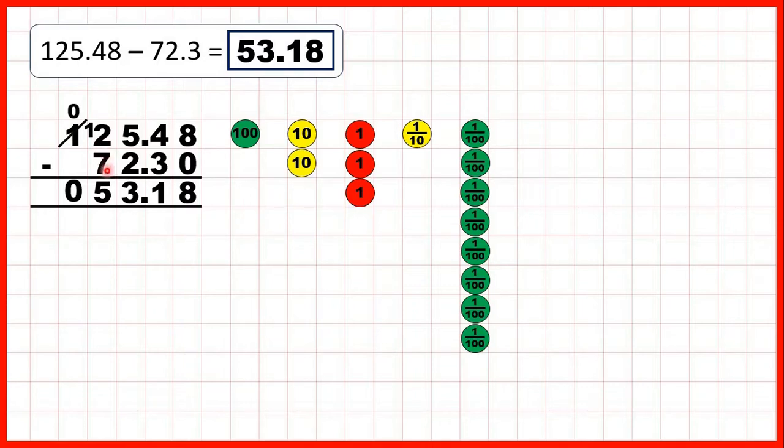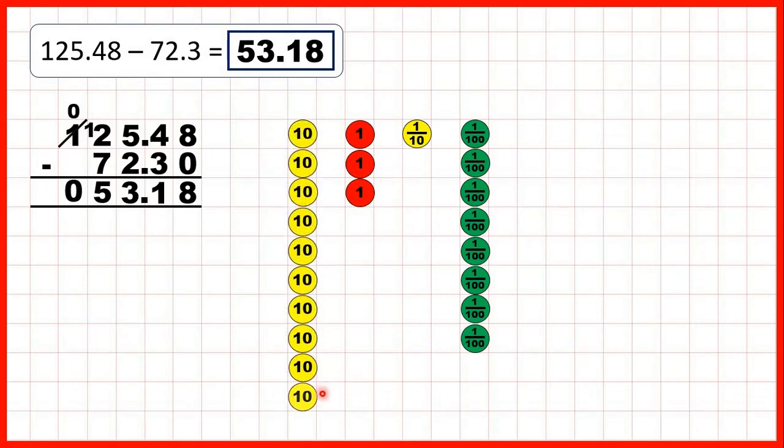Next, we had to subtract 7 tens, but to do that, we needed to exchange our 100 for 10 more tens. So we can subtract 1, 2, 3, 4, 5, 6, 7 tens, and that leaves us with 5 tens, 3 ones, 1 tenth, and 8 hundredths. So that's 53.18.